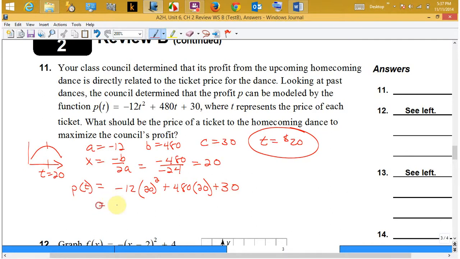That would be equal to negative 12 times 400 plus 480 times 20 plus 30. And I got an answer, $4,830.